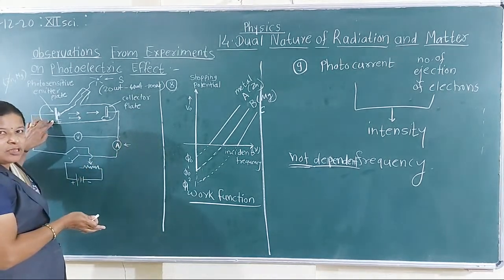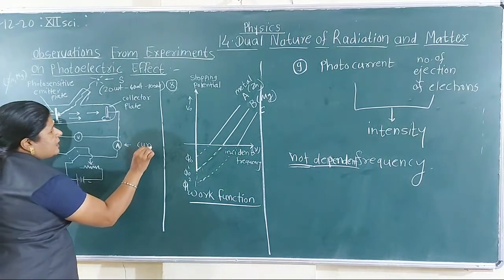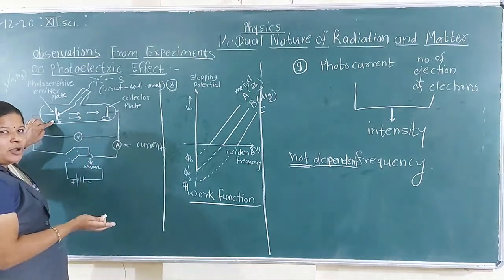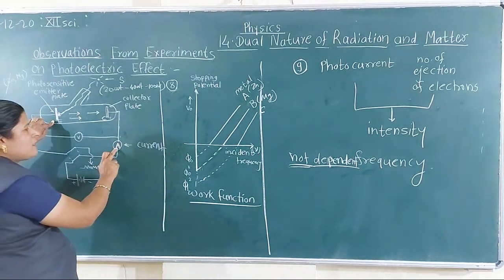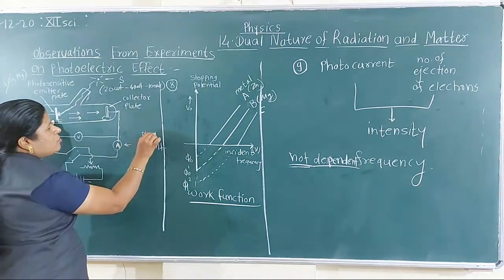Number of electrons flowing gives us current. These electrons we call photoelectrons. Therefore, the current shown in this ammeter is a photocurrent.